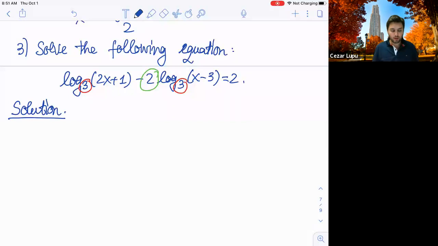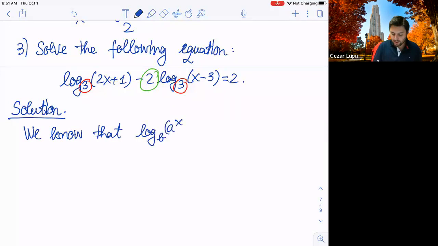Well, what we can do is the following. We know that log in base b of a to the power x, let's say, is nothing else than just, the x will go in front of the logarithm, x times log in base b of a.